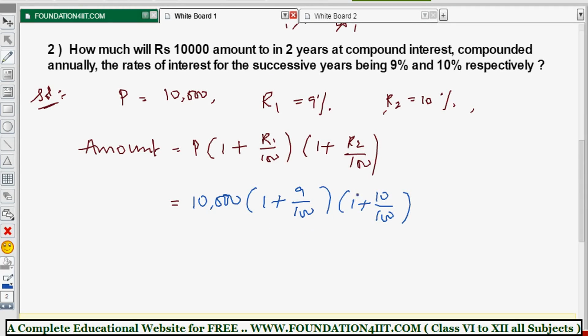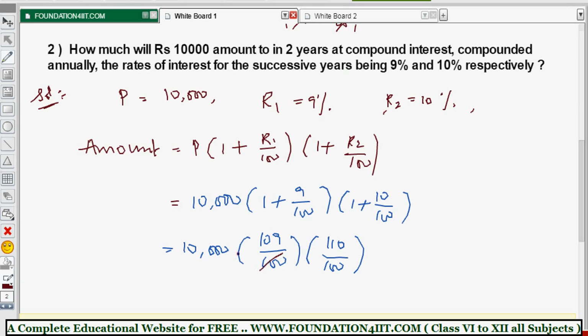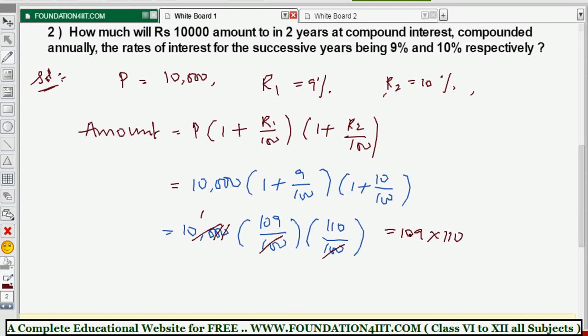With LCM it's simple: 10,000 into 109 by 100 into 110 by 100. Simplify: 100, 2 zeros, again 100, 2 zeros. So 109 into 110 is the amount after 2 years.